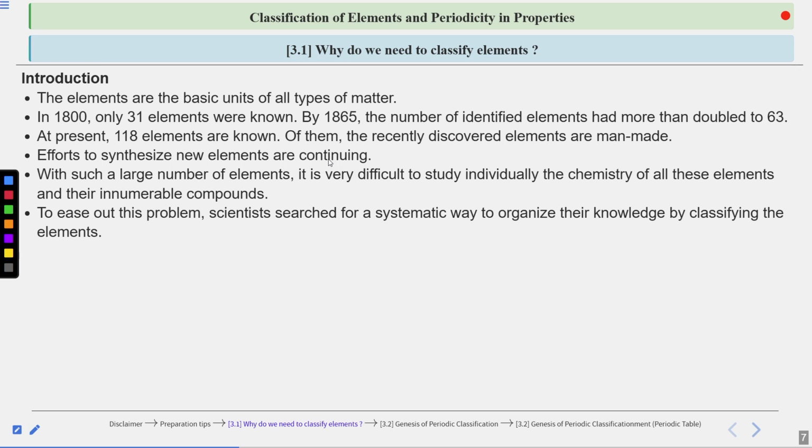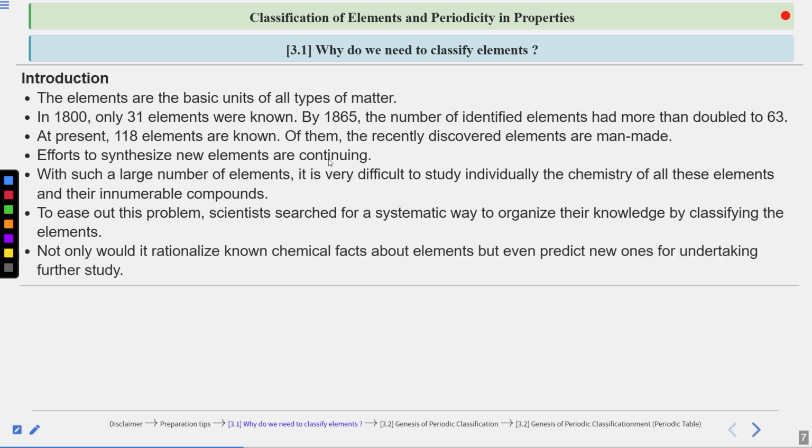So what did they do? They studied the chemical facts and tried to group those elements which have the same chemical properties together. In that process, a number of scientists were involved. We will talk about them one by one.